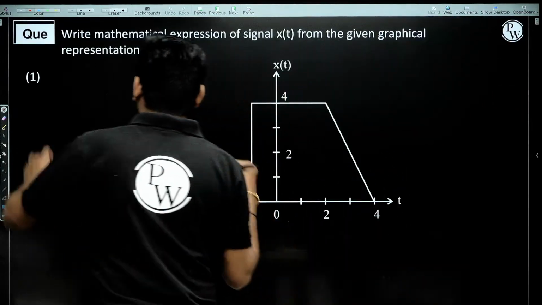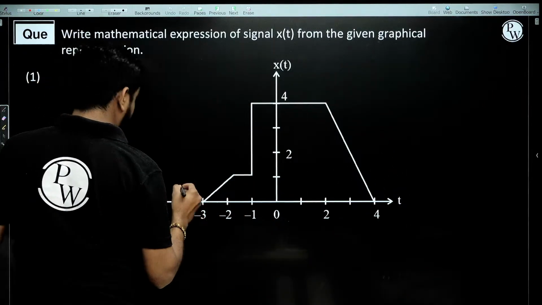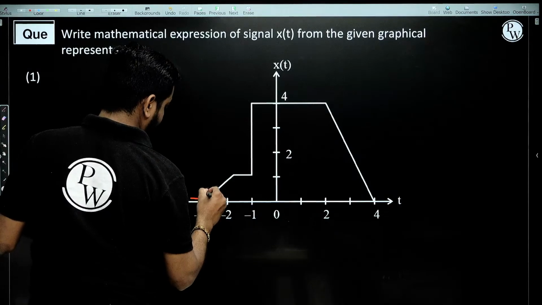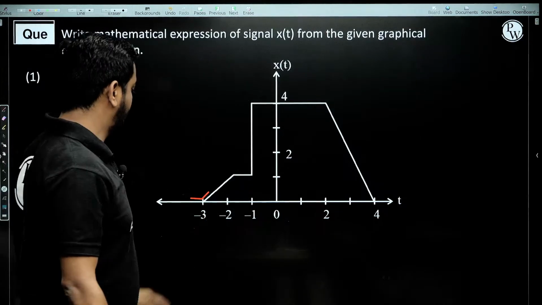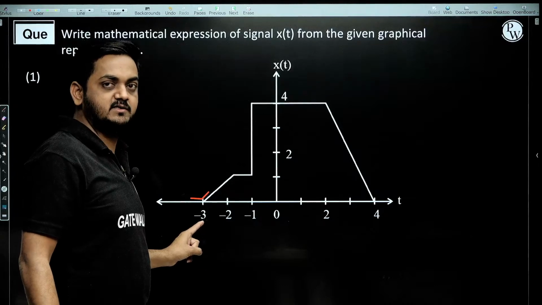Yes, only linear change in amplitude, very good, guys. Only a linear change in amplitude, like this. So only a ramp function at t equal to -3, that is r of t plus 3.